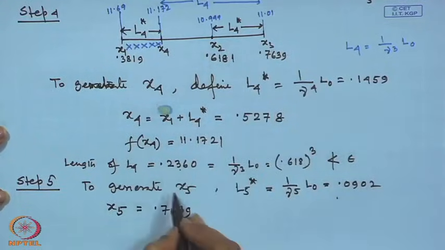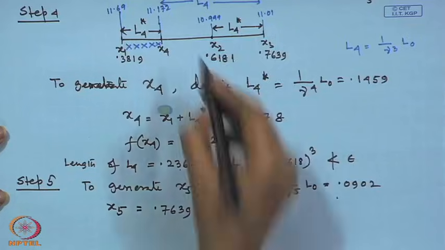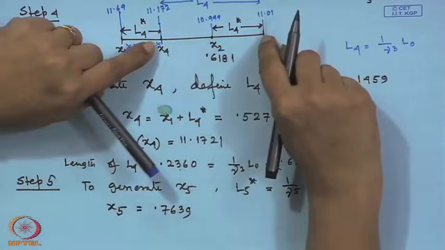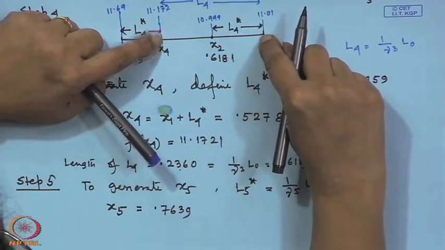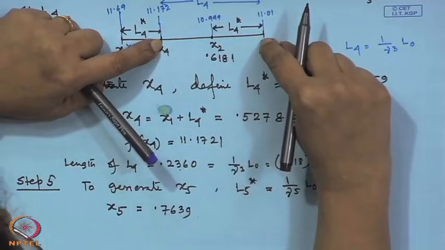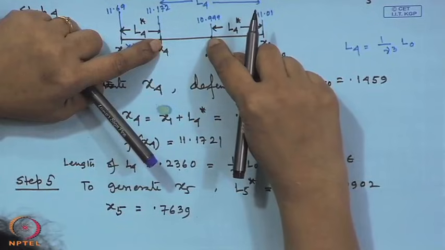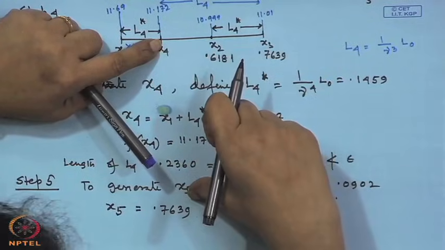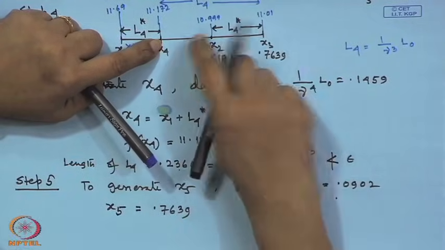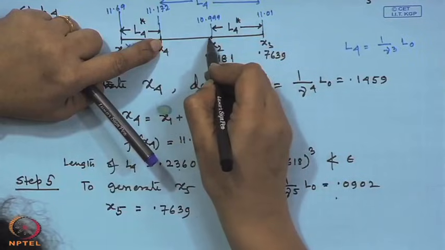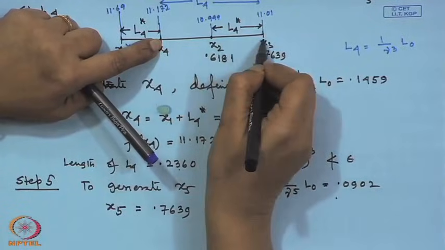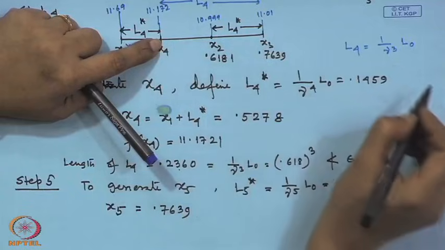We will consider x5 in such a way that the current two experiments, if we just see the L4 interval, the one end is x4, another end is x3. One approximation is there, that is x2, and another current approximation we want to make, that x5. Then these two experiments must be L5 star distance apart from both the ends.